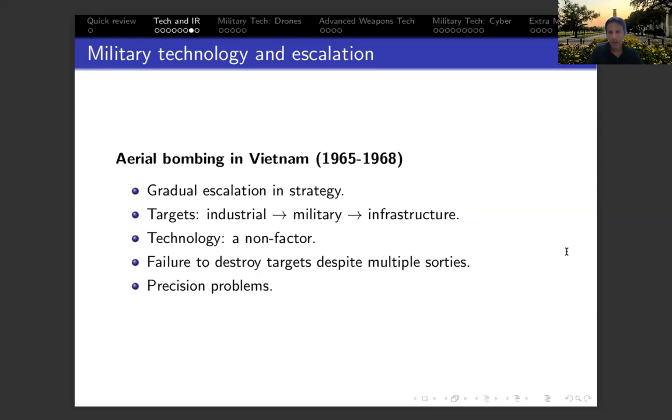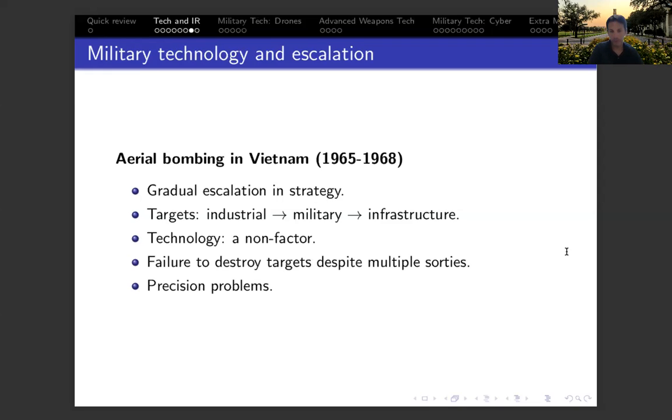And she provides various types of evidence that technology was actually a non-factor. It was almost non-existent because development was still lacking. The technology itself was not there. And it has a critical effect on the aerial campaign, because one of the problems of that campaign was the fact that it required a lot of sorties.